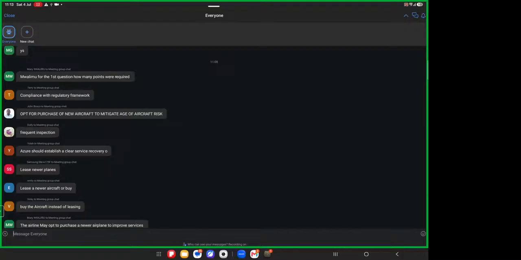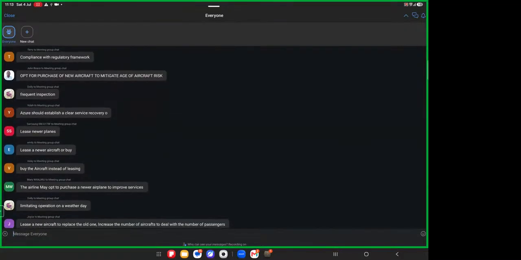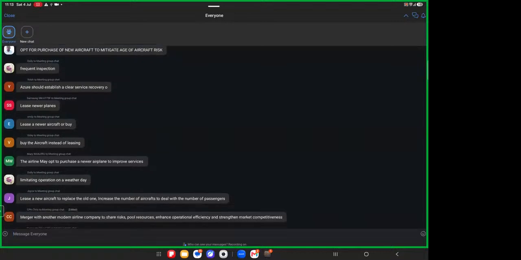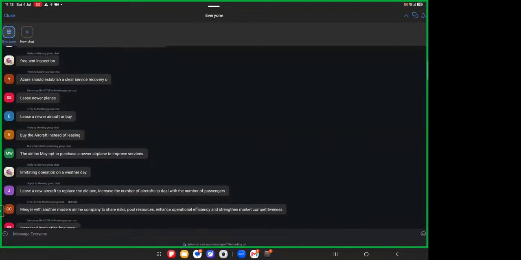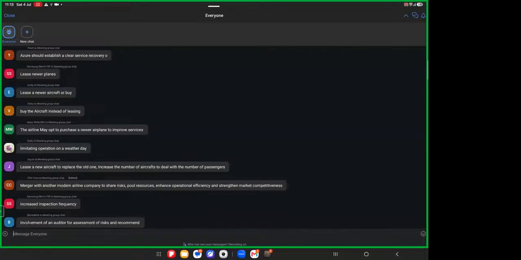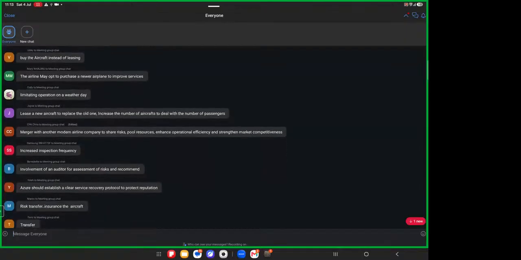Different inspection. Wow. Great. As well, establish a clear service recovery protocol. Yola, you never finished. Lease newer planes, okay. Lease a newer aircraft or buy the aircraft instead of leasing. The airline may opt to purchase a newer airplane to improve services. I love that. You have very good English. Limiting operations on a bad weather day. Lease a new aircraft to replace the old one.